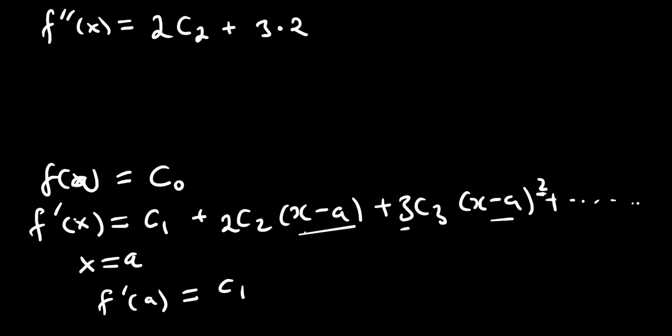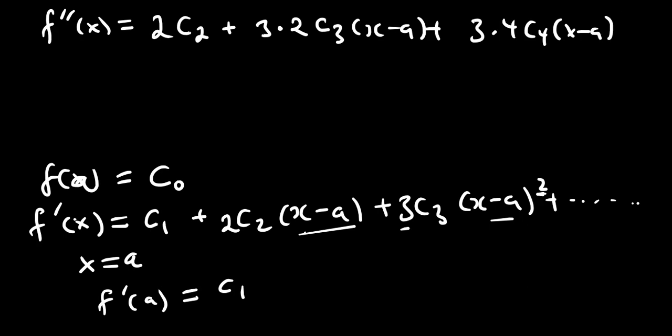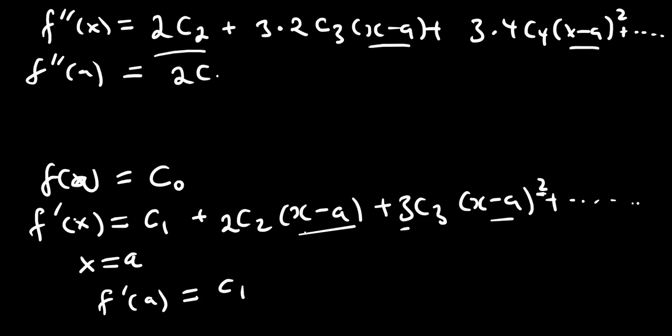Of course it's 6, but we write it this way because it will be useful as we go on. So 3 times 2 c3 times x minus a, plus the next one, 3 multiplied by 4 c4 times x minus a to the power 2, and this continues like that. Then for f double prime of a, when I replace x with a, everything that has an x term becomes zero, and I just remain with a constant, which is 2c2.